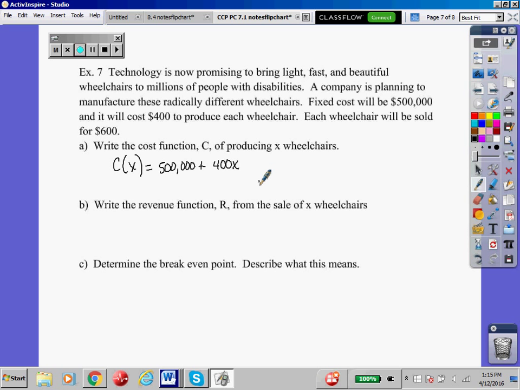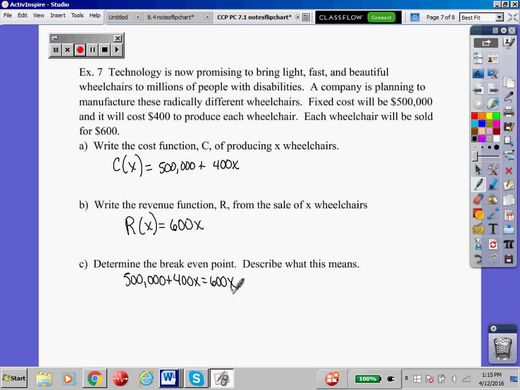The revenue function is you're going to bring in $600 per wheelchair. So the revenue is 600x. It says in letter C, determine the break-even point. Well, what you're going to do is set the cost to produce equal to the revenue. Solve this for x.